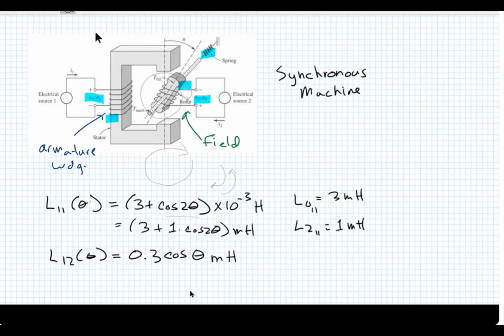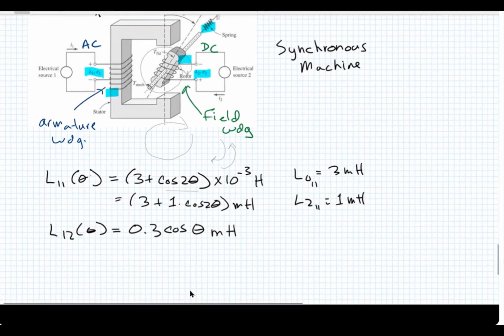So the current either supplied, or if it was a generator, if you were moving this thing and trying to produce a voltage, the current here would be alternating current. But here you would want to supply a DC current. So it's kind of like a magnet. Essentially the field is like a magnet that you're moving, and the armature is getting an AC current in it as a result of the movement. That's really the difference between these two types of windings.